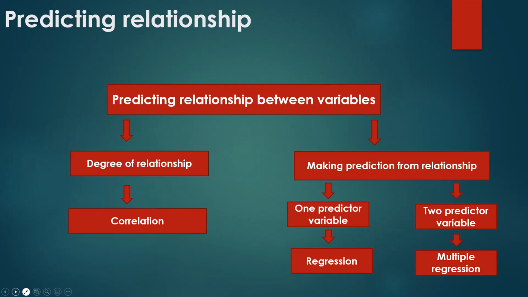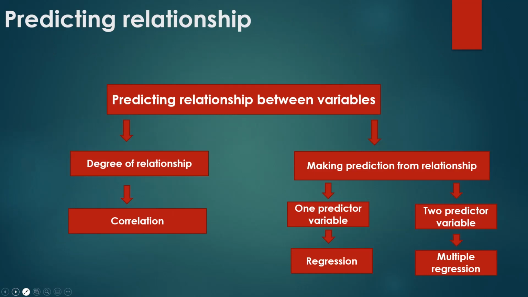Predicting relationship is a scenario whereby we want to see that if I have a certain value for the independent variable, it's going to affect the dependent variable in a certain way.